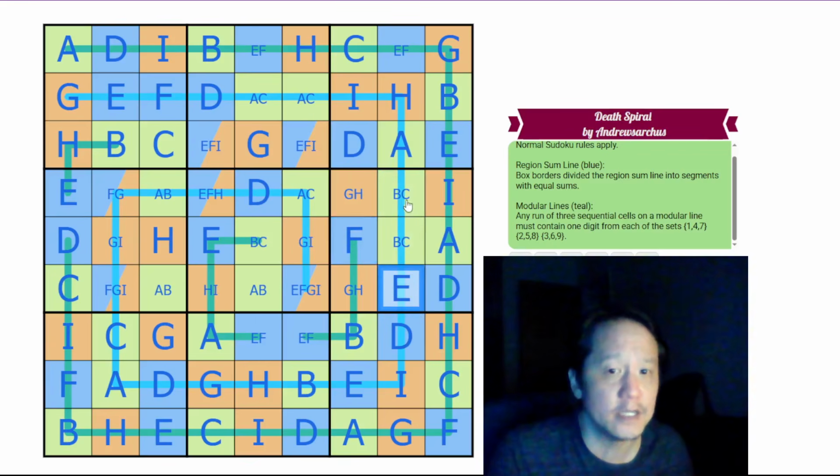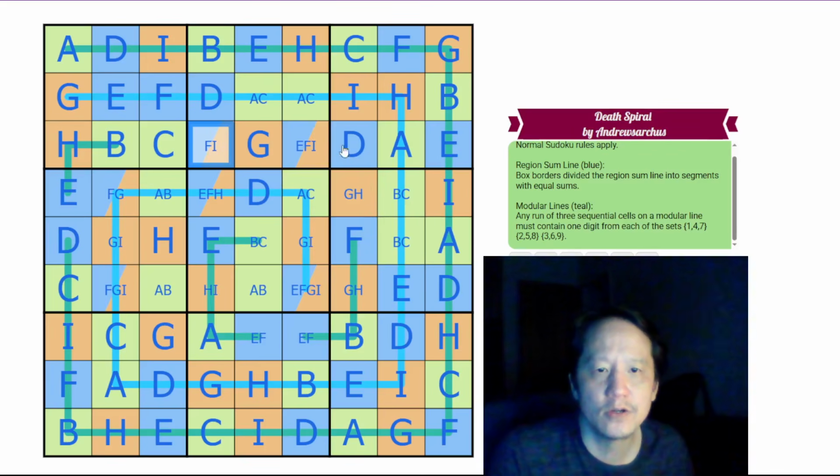So B, C, and E still add up to the sum. Interesting. E eliminates E here, so it's F, that's E. So E's here, which means this can't be E here. No E here. Okay.